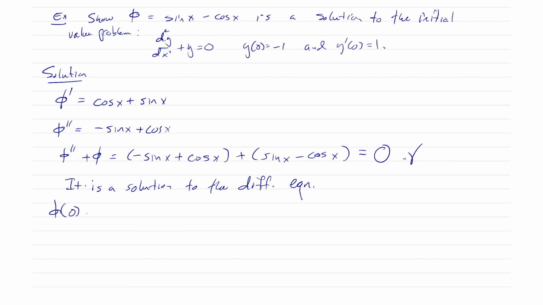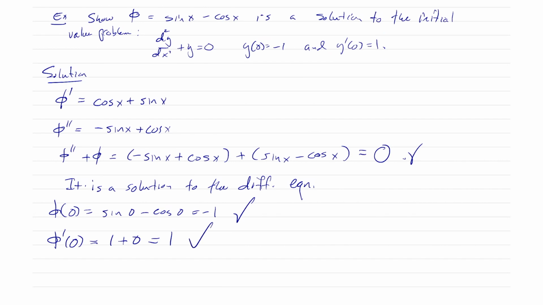You see that phi of 0 is sine of 0 minus cosine of 0, so it's equal to -1. And that matches there, so that's check. And let's see, phi prime at 0. Well, this is phi prime, and so that's going to give me 1 plus 0. So that's equal to 1. And y prime of 0 should have been 1. So that's a check too.